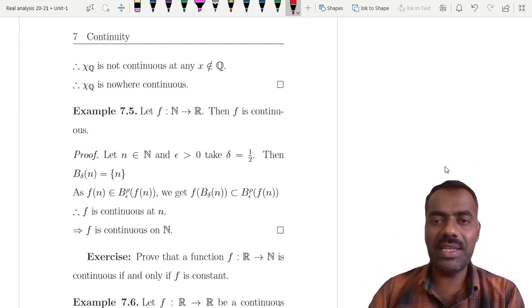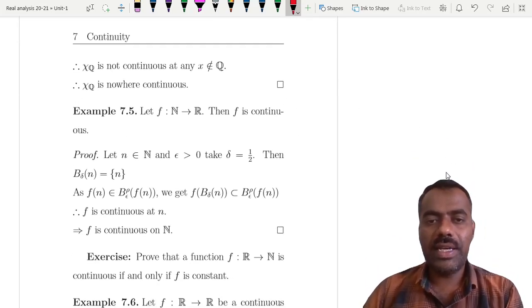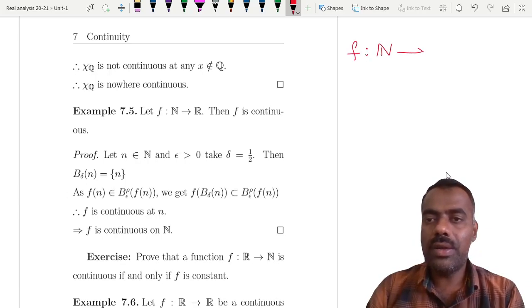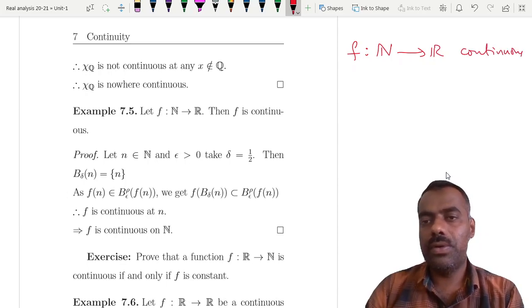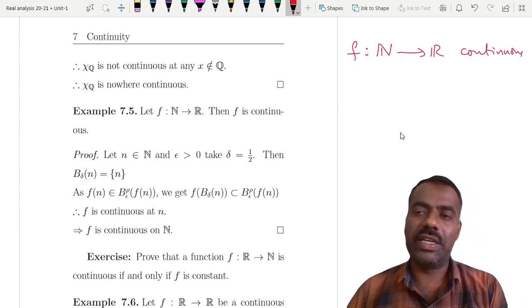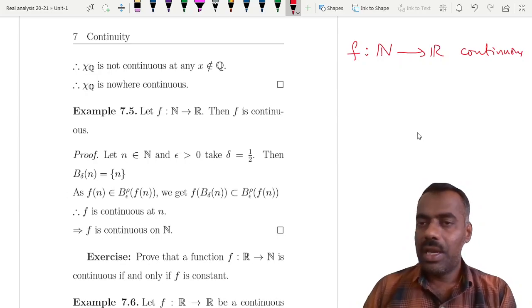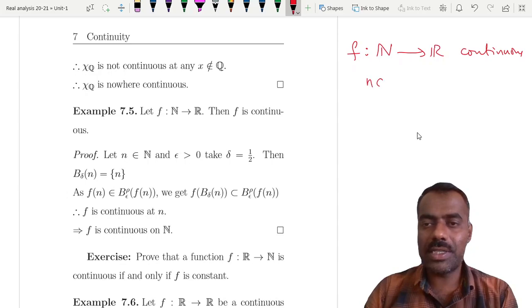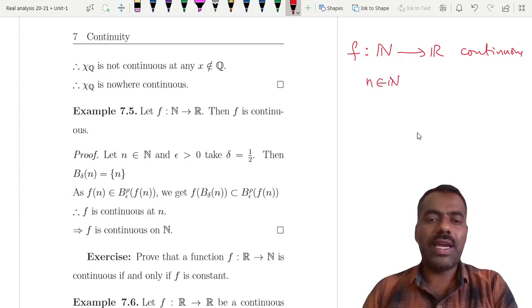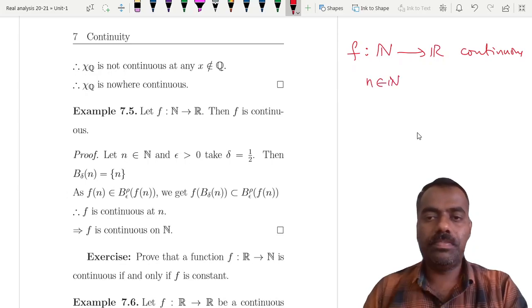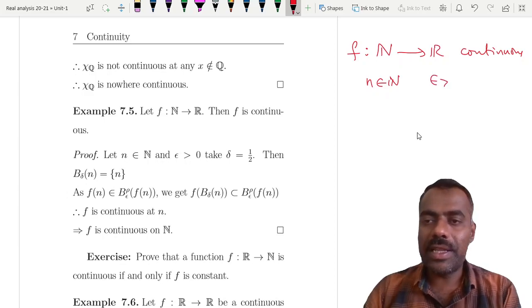Another interesting example is that any map defined on N to R is always continuous, no matter how that function is defined. Okay, it's a very quick proof. If you want to show that it is continuous, start with any point. Take any epsilon greater than 0.